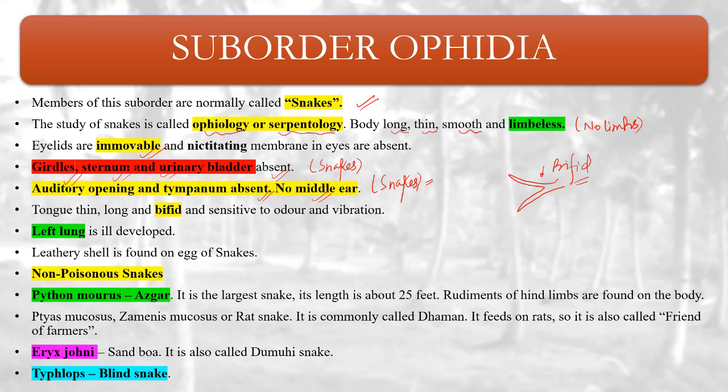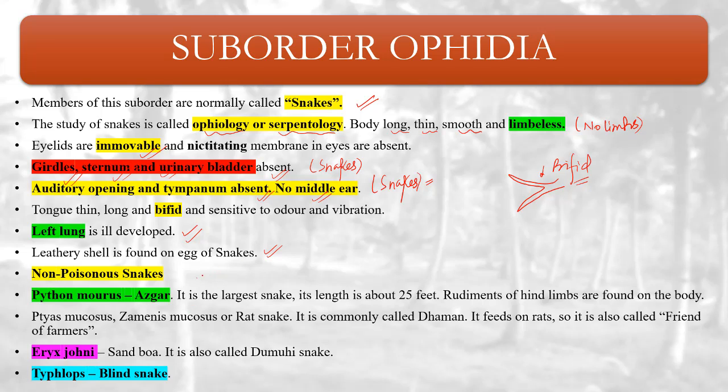It is sensitive to vibration and odor, meaning smell. Left lung is ill developed in snakes, while in lizards both lungs were equally developed. Leathery shell is found on eggs of snakes.